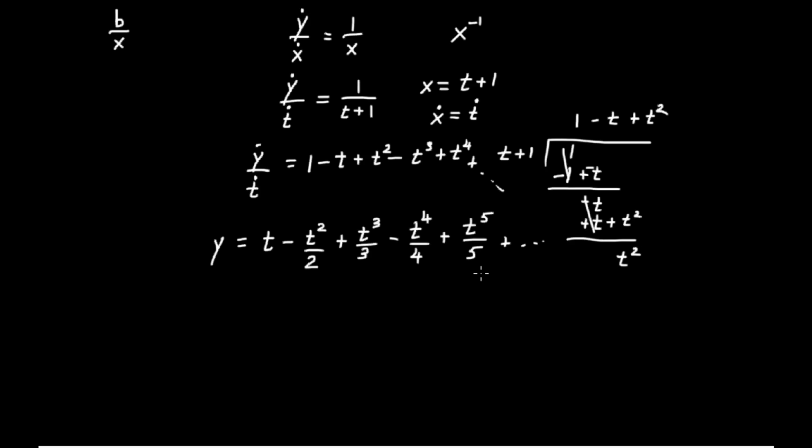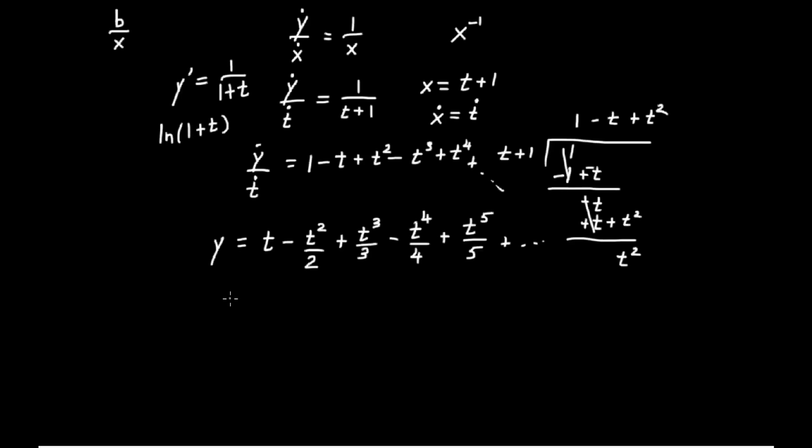And what I'd like to point out here, if we kind of skip around in the whole logic of calculus, the solution to this differential equation, y dot over t dot, or nowadays we might just write y prime is equal to 1 over 1 plus t, or 1 plus x, or whatever. The solution is the natural log of 1 plus t.